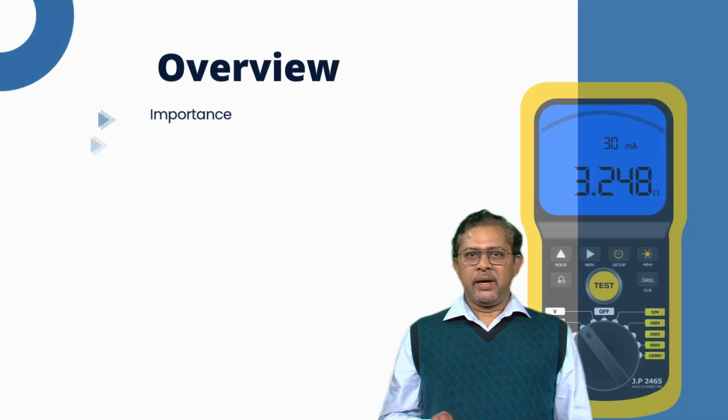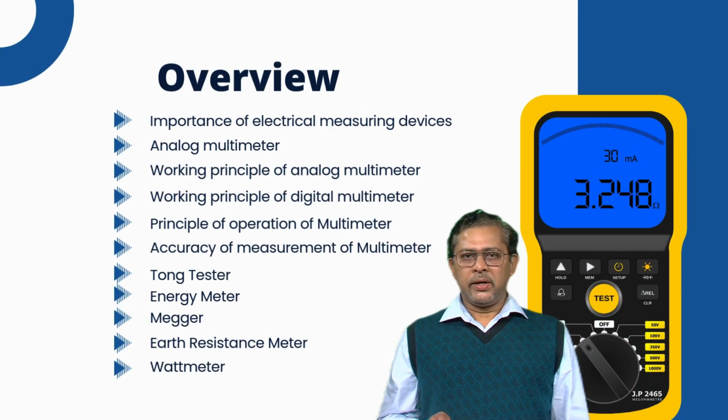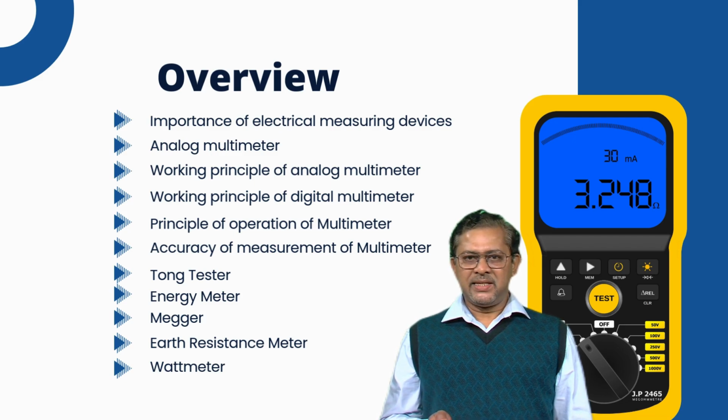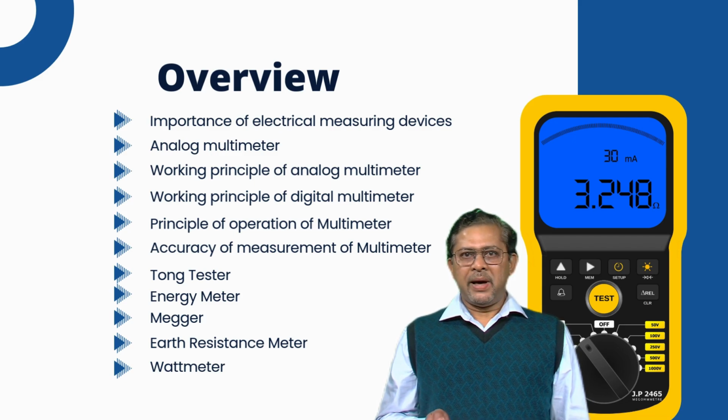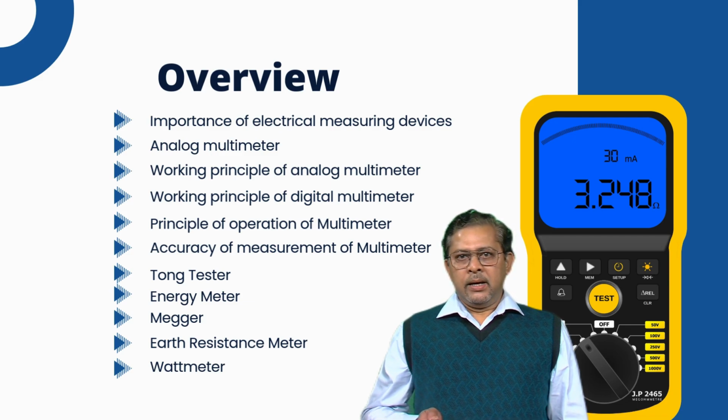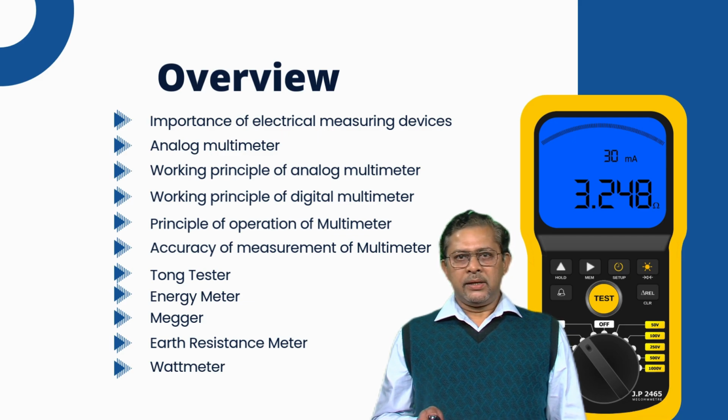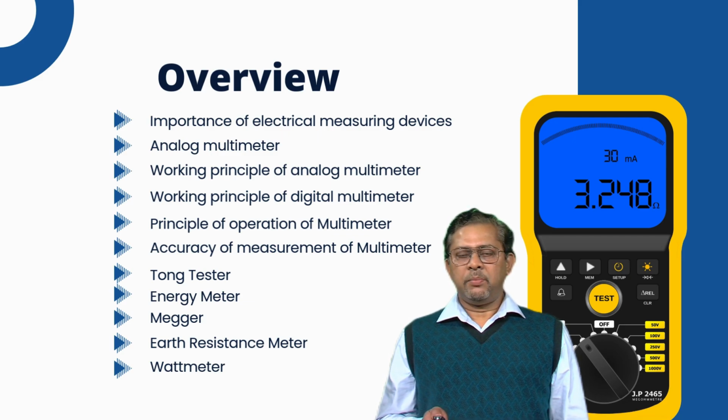In today's topic, we will focus on first, the importance of electrical measuring devices, then the analog multimeter and its working principle, then the digital multimeter and the working principle of the digital multimeter. Then we will touch upon the principle of operation of the multimeter.